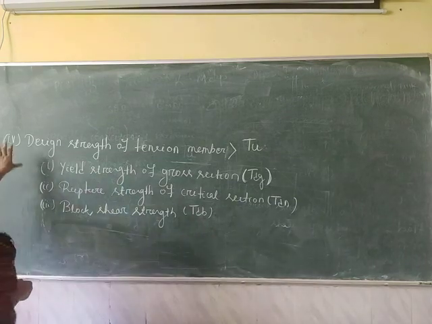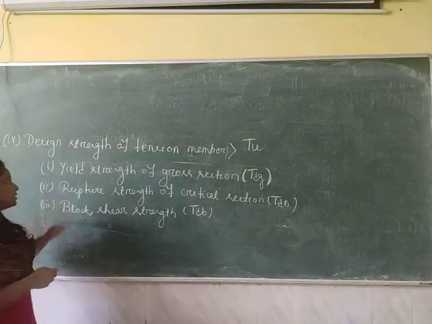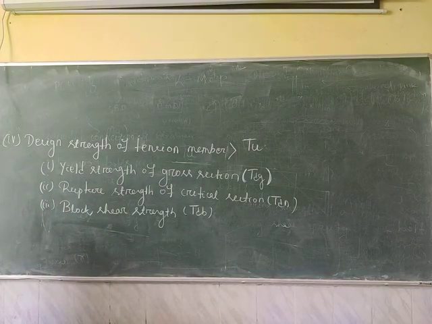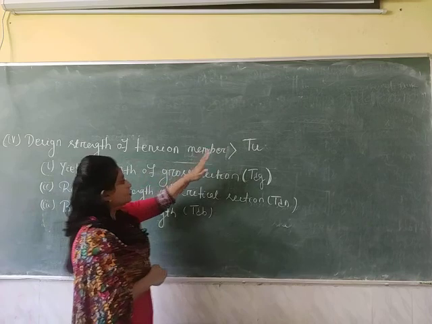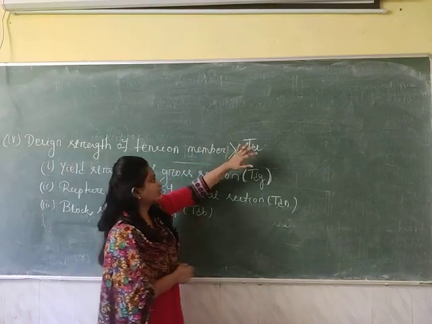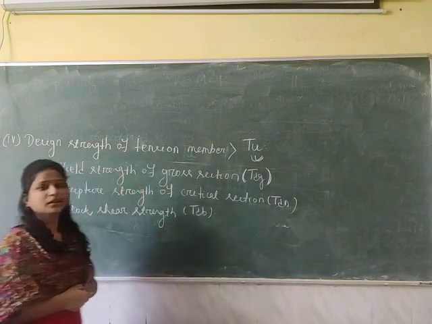So, the design strength of the tension member, that means the member which we have designed, which we will choose from the steel table, that strength should be greater than this external applied tensile load.